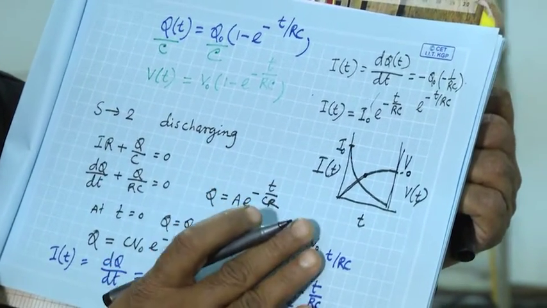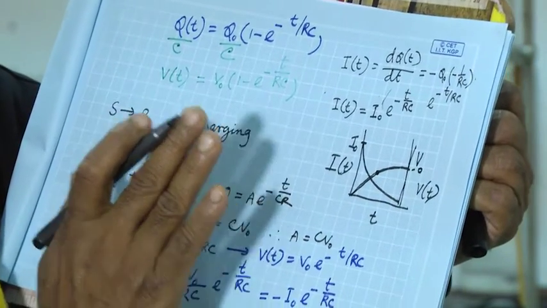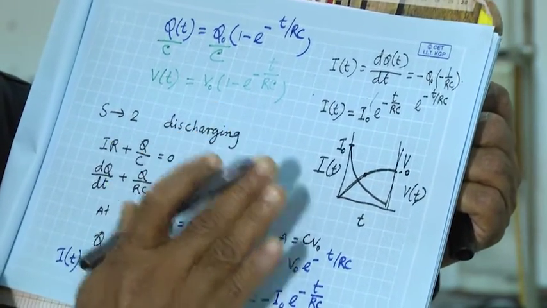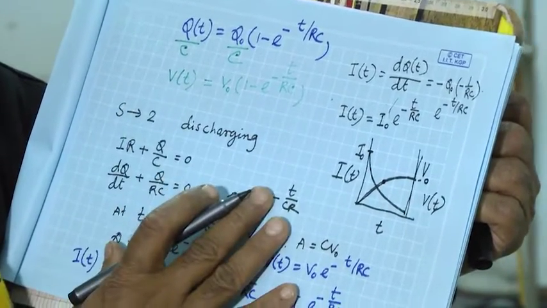That time is called the time constant for this circuit, and we call this time constant tau equal to RC.